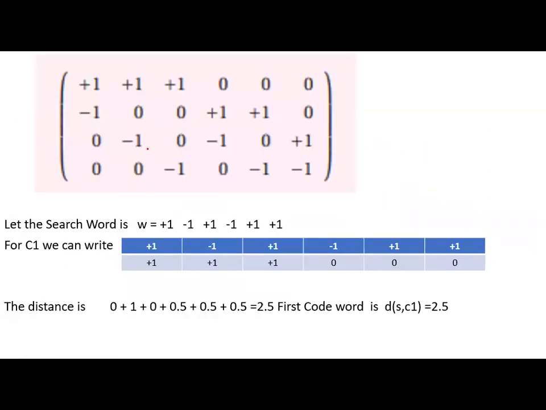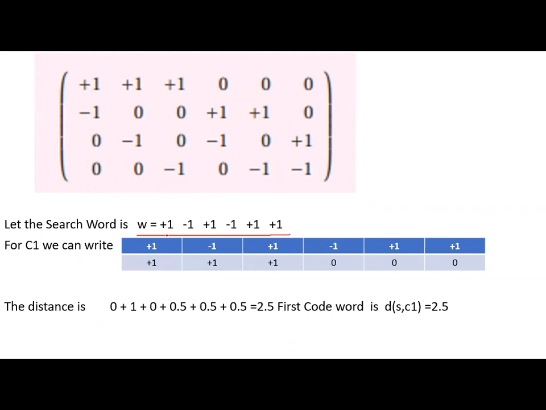Now, a code matrix is given like this: +1, +1, +1, 0, 0, 0, -1, 0, 0, +1, +1, 0, something like this. Now calculate the distance and finalize which one is the best one. So the search word is +1, -1, +1, -1, +1, +1.